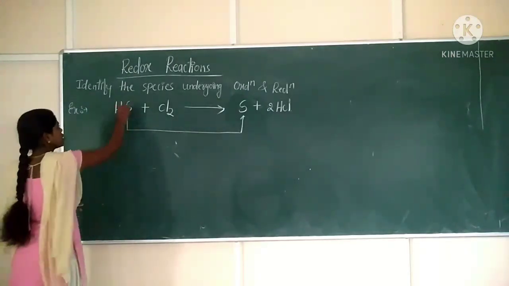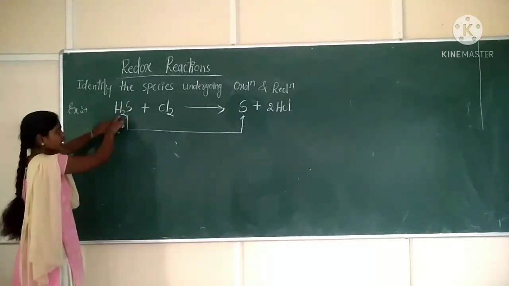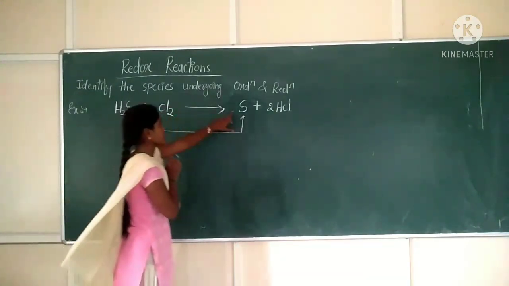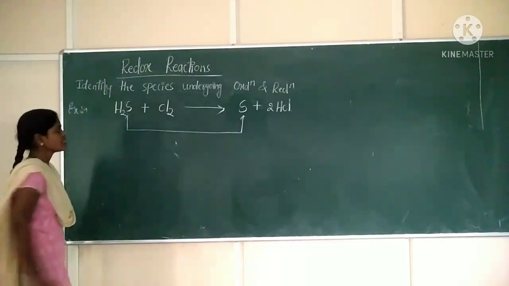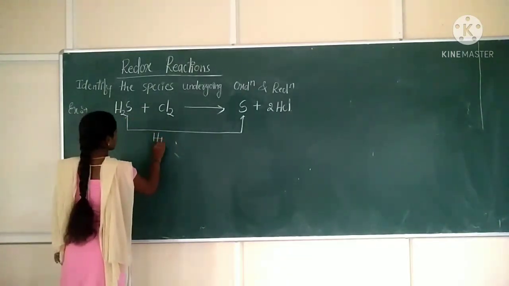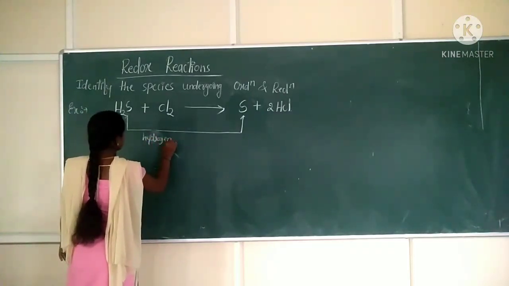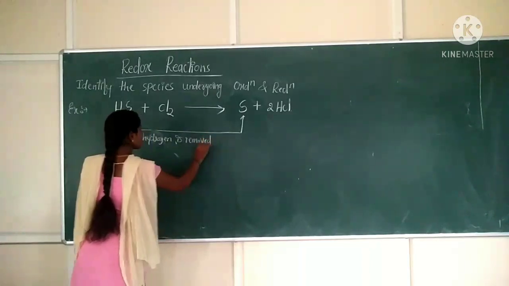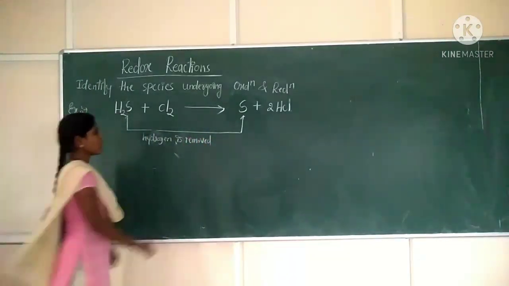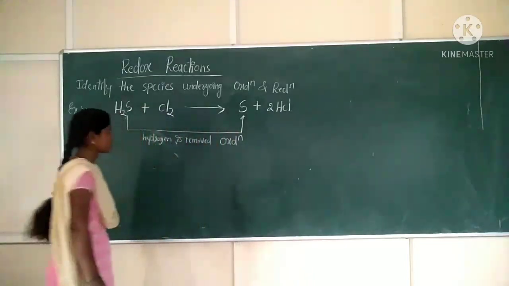Along with the sulfur, which element was there? Hydrogen. Now at the product side, only sulfur is there. It means hydrogen is removed. Removal of hydrogen can be called oxidation.